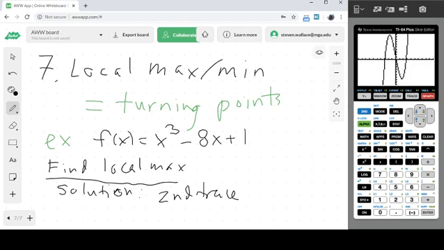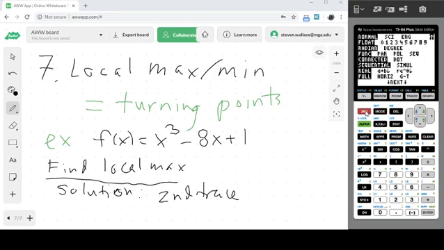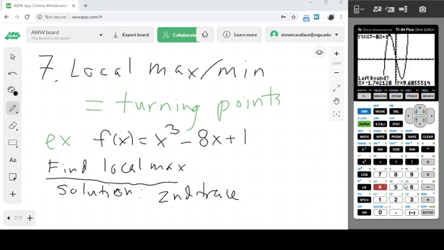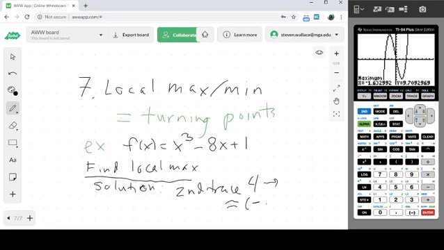Second trace 3. Oops. Quit. Second trace 4 for maximum. Move the cursor somewhere to the left, then to the right, as I said, and then guess. Second trace 4. And we get that this one is about negative 1.63, 9.7.